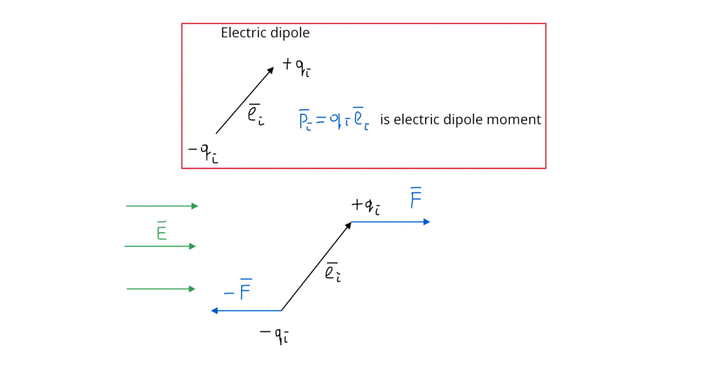As a result of this redistribution, most of the dipoles will have the same orientation as the electrostatic field, the same direction.